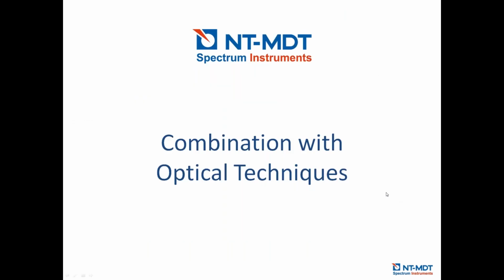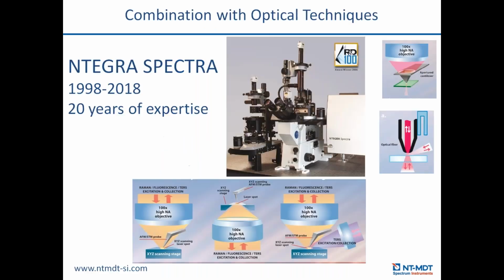My next part will be dedicated to the combination of atomic force microscopy, or scanning probe microscopy, with optical techniques. It's already 21 years ago that we installed the first commercial system of combined AFM and Raman.